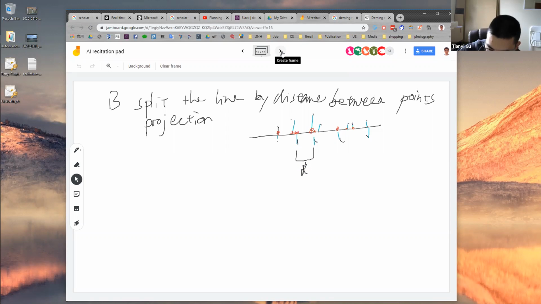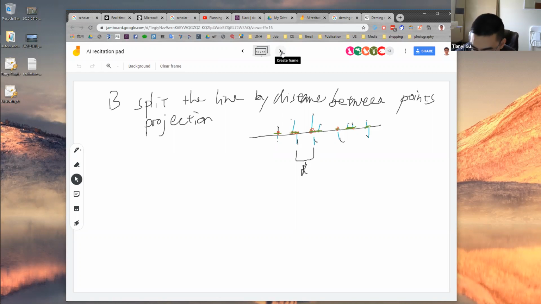Say here this is one segment, two, three, four, five, six, seven, or maybe these two are together. Each green thing is a segment on your line.